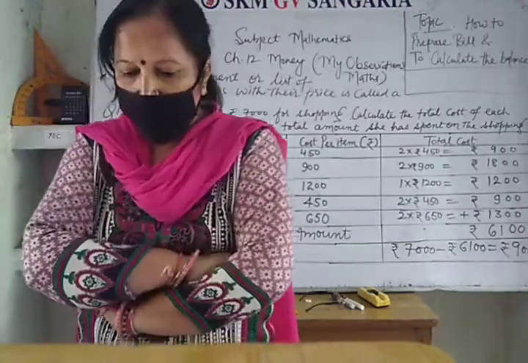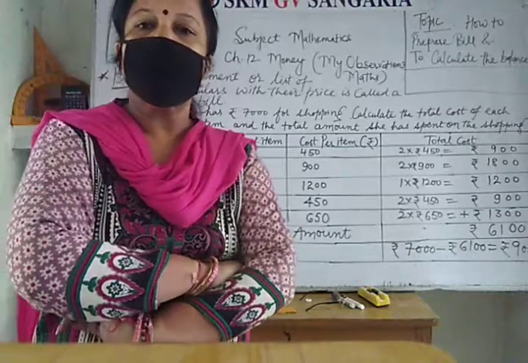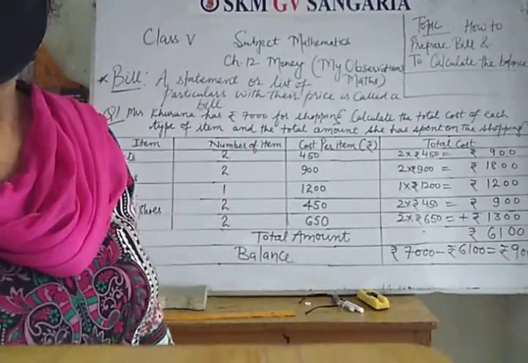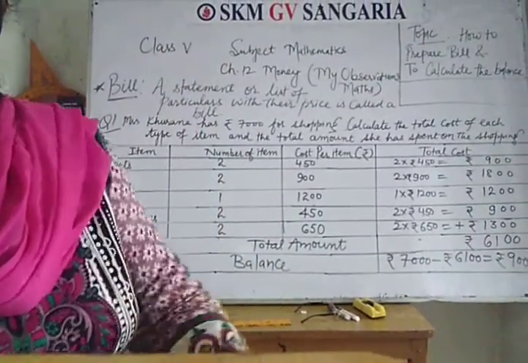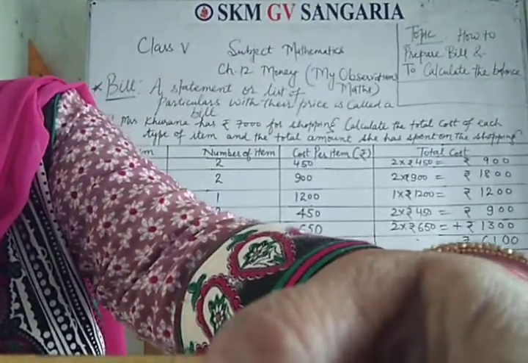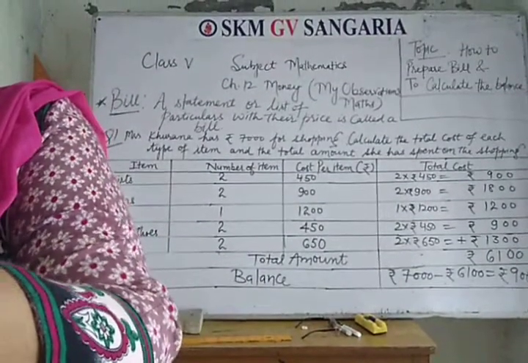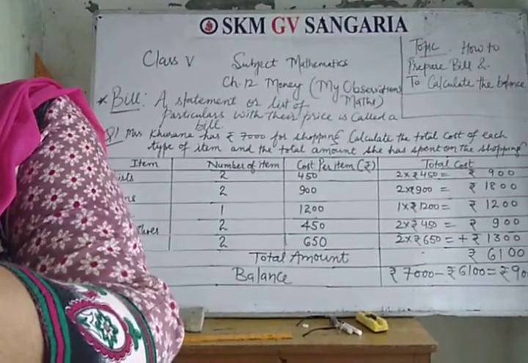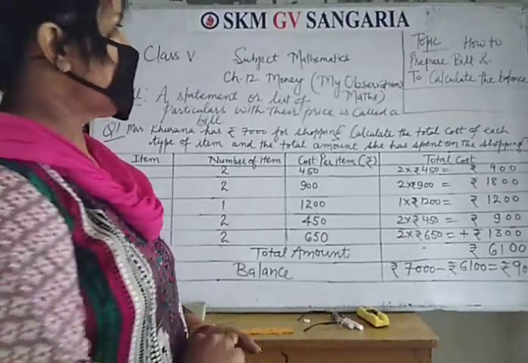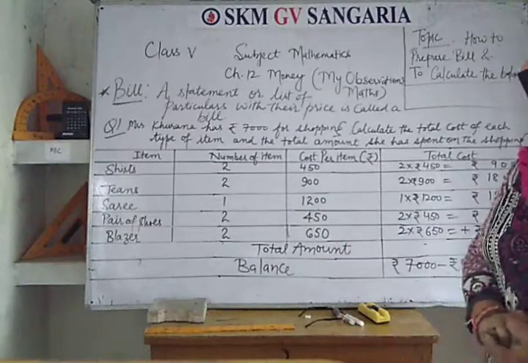In my earlier videos I have taught you about bills. What are bills? So I will teach you today how to prepare a bill and how to find the balance.